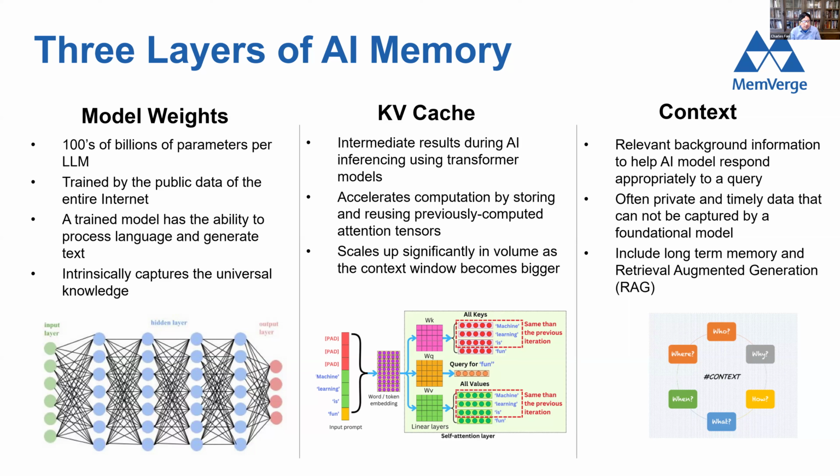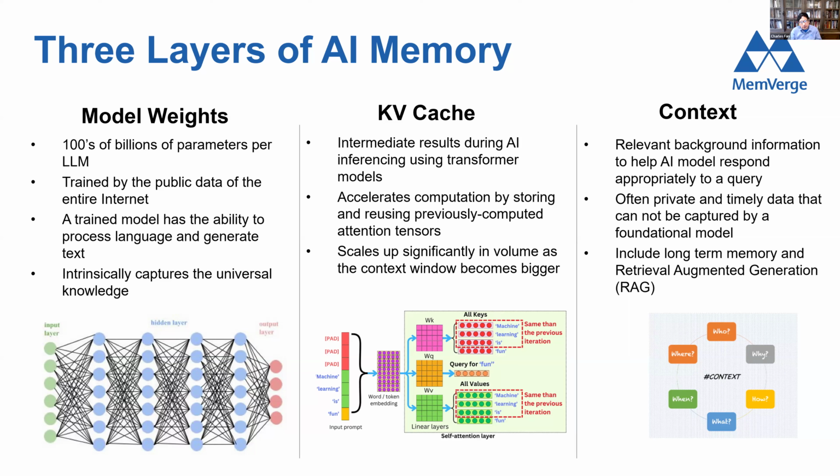And therefore, this is the first layer of memory that remembers the universal public knowledge. And really the amazing power of the large language model are reflected in the actual parameters, these many, many billions of parameters that are part of this neural network.